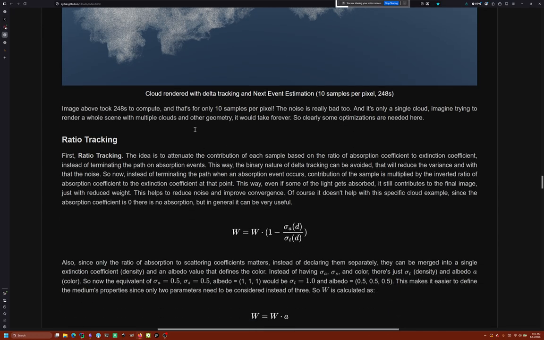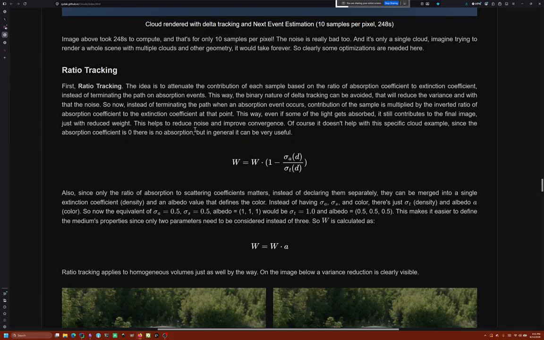The first of which is ratio tracking. And so the idea is to attenuate the contribution of each sample based on the ratio of absorption coefficient to the extinction coefficient, instead of terminating the path each time that you have an absorption event.